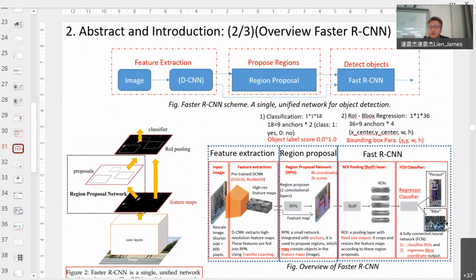And there are two loss functions, including classification and regression. This loss function is the same as the RPN loss function.